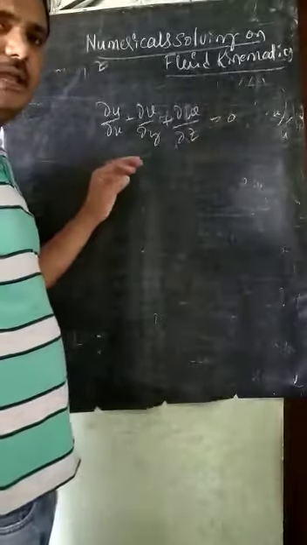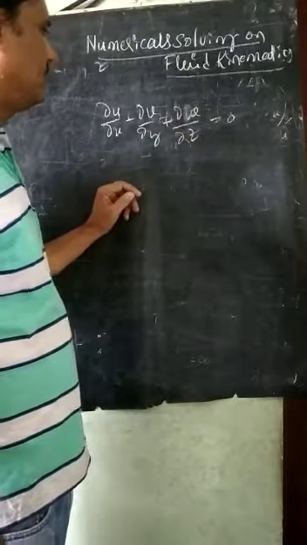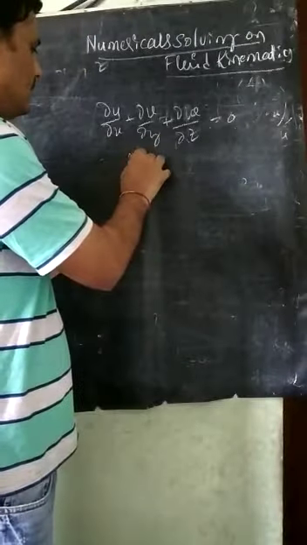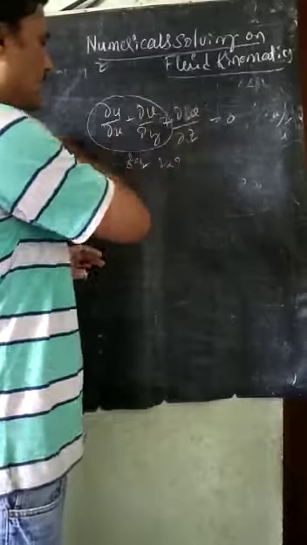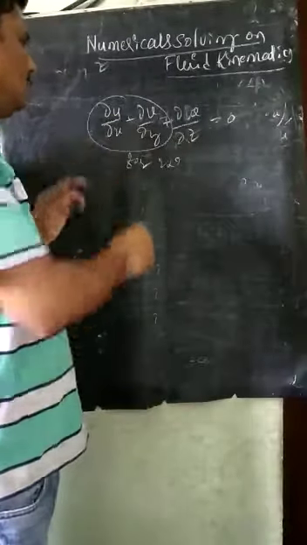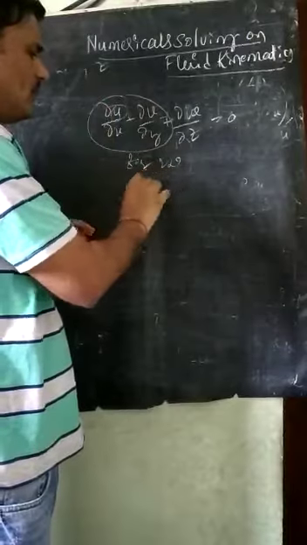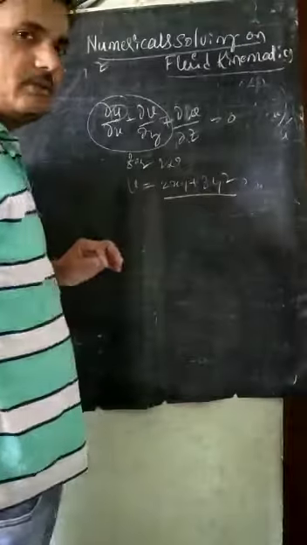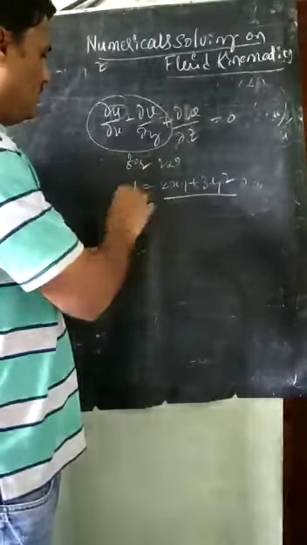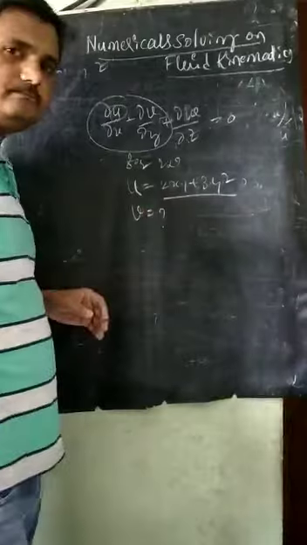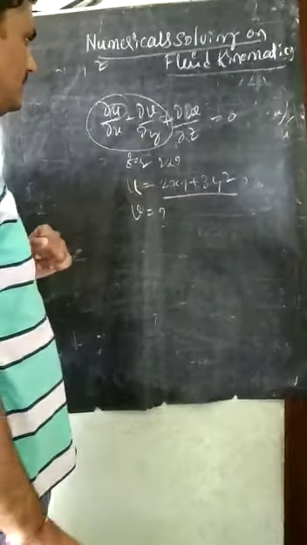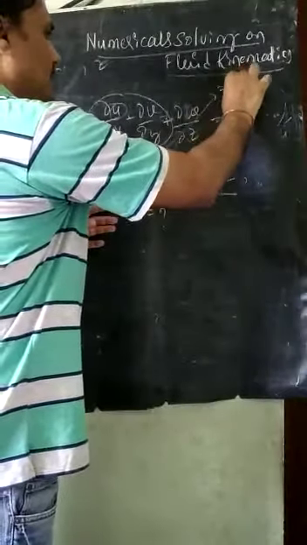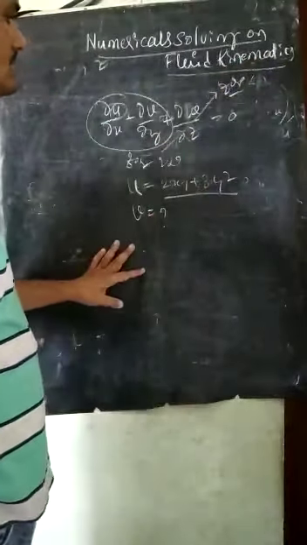Sometimes in numericals for 2D flow, only the x and y directions are considered, and they will give u as some relation, for example 2xy plus 3y square. They will ask to find v. Because it is a 2D flow, the dou w by dou z term becomes 0, as there is no flow along the z direction.